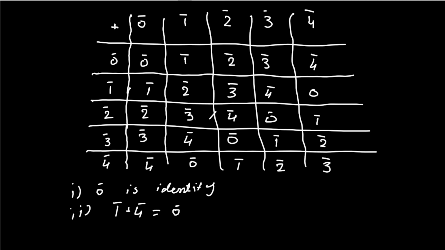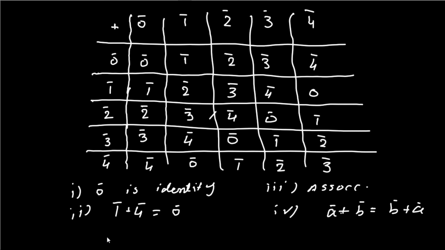So here 1 has an inverse, because 1 plus 4 is 0, so the additive inverse should give 0. So the inverse of 1 is 4. In this table the associative law is also obvious, and a plus b is equal to b plus a, of course, is also obvious.